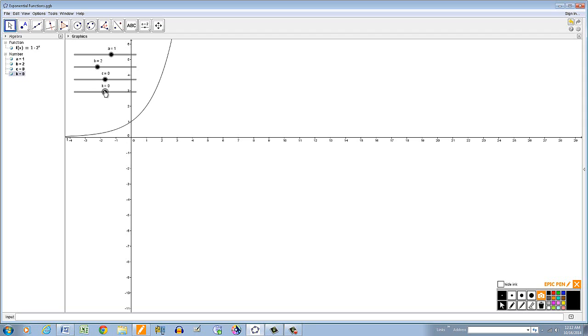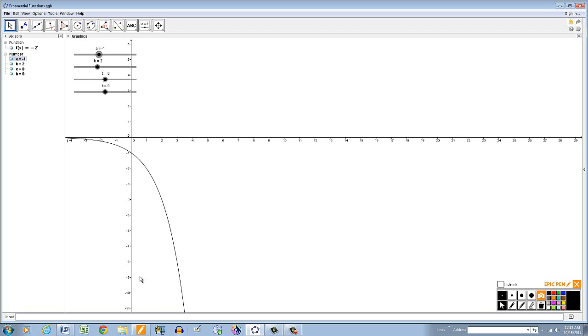0, and let's see what happens if the coefficient, let's say I make the coefficient a negative number. Okay, negative 1. Let's say the coefficient, now I have f of x equals minus 2 to the x.